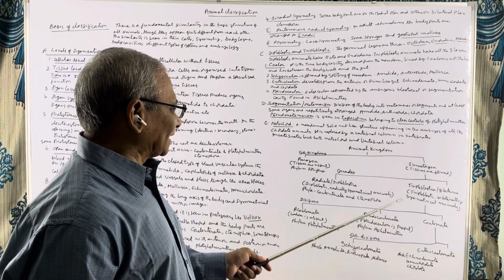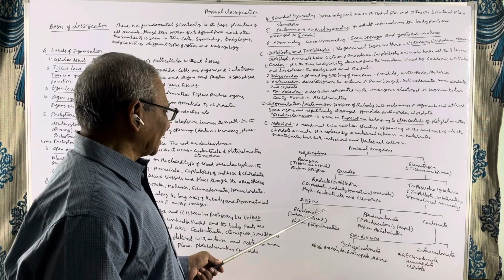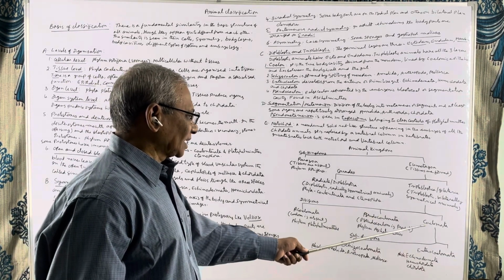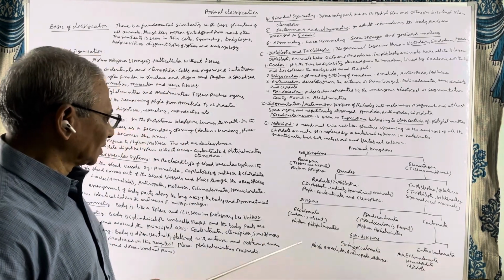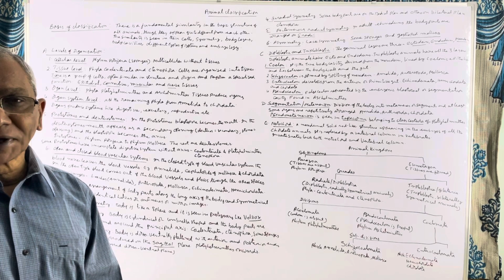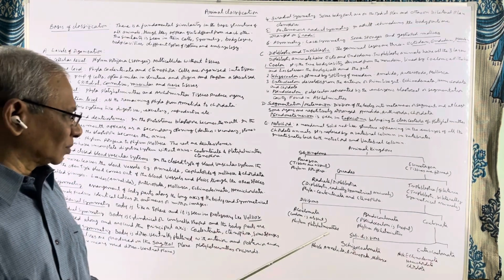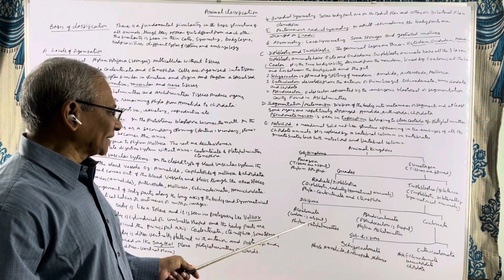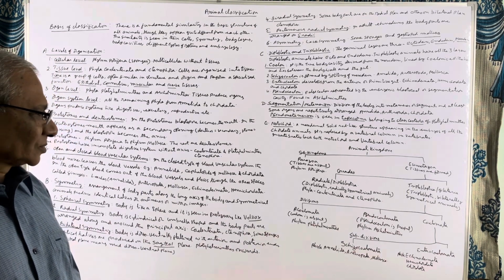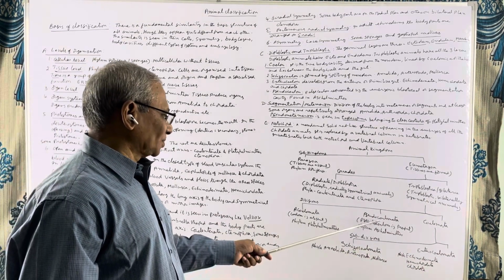Then, the grade bilateria is divided into three divisions: acoelomata, pseudocoelomata and coelomata. Acoelomata means animals without a body cavity or without a true coelom. Phylum Platyhelminthes belongs to division acoelomata. Then pseudocoelomata.